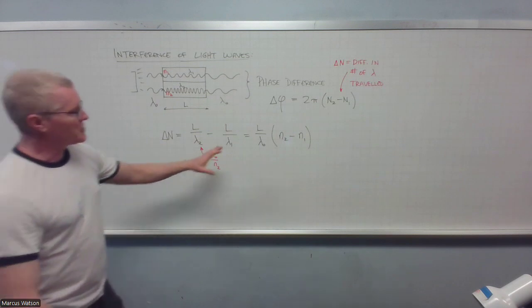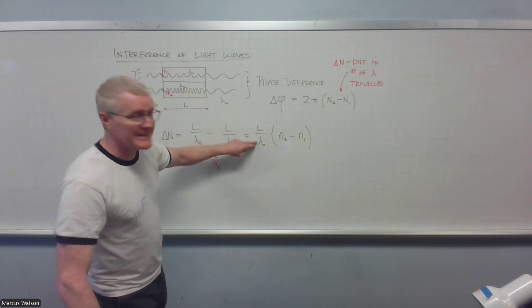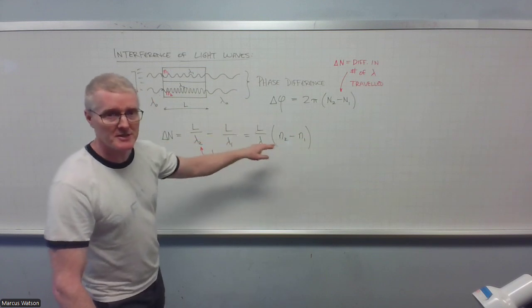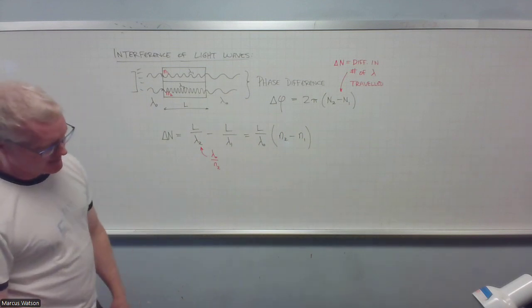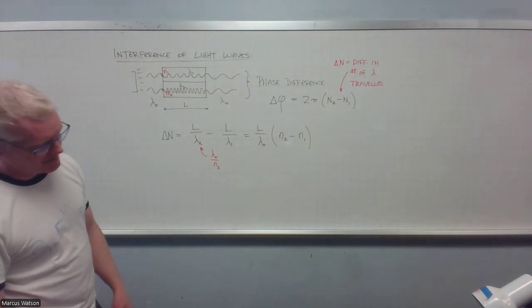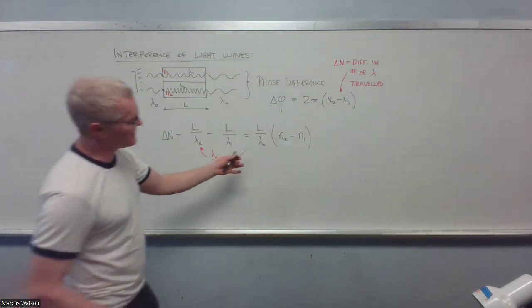This should turn out to be just a number because I'm still dividing a distance by a distance, and these are unitless because they're ratios of speeds, or distances, or whatever you like. So that's basically how you would represent the change in phase.